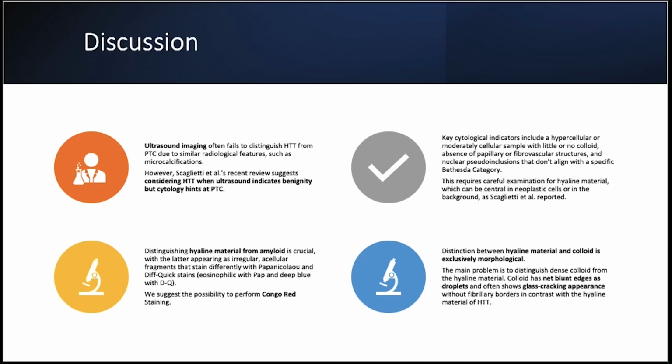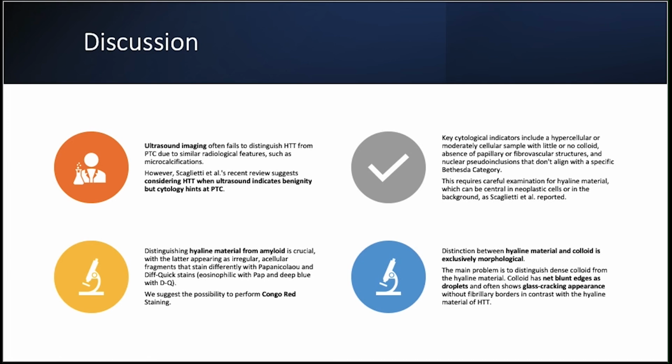In our series, ultrasound imaging often failed to distinguish hyalinizing trabecular tumor from papillary carcinoma due to similar radiological features, such as microcalcifications. However, Scaglietti et al. recent reviews suggest considering hyalinizing trabecular tumor when ultrasound indicates benignity but cytology hints at papillary carcinoma.